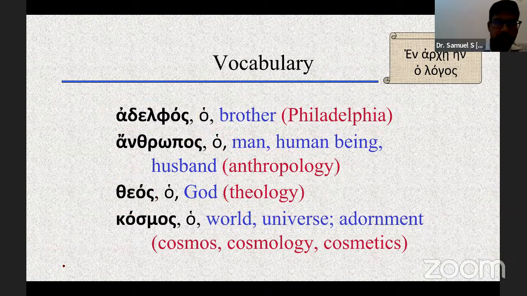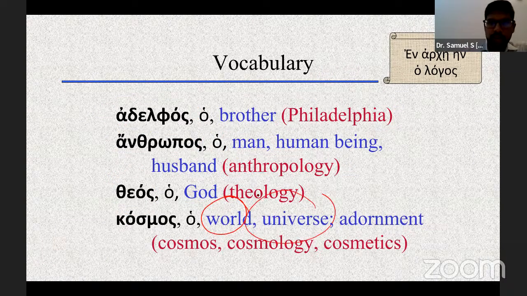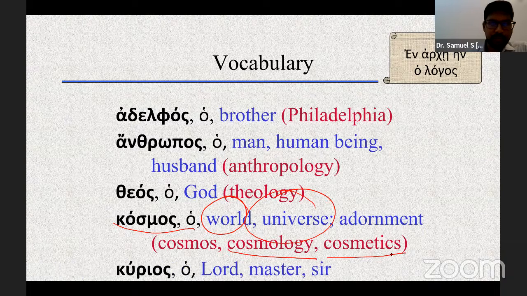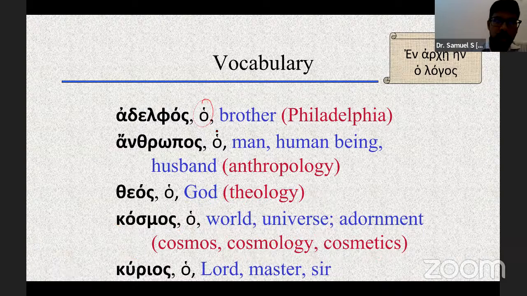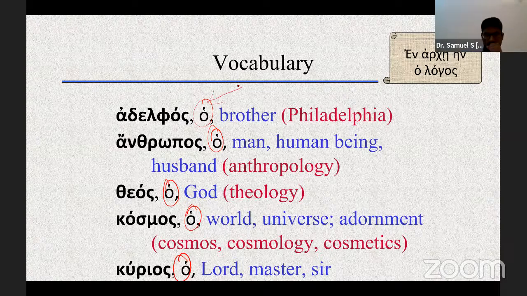Cosmos, world or universe. Cosmos, cosmology, cosmetic. Kurios, very important word. Lord, master, sir. Kurios. You notice all these nouns are masculine. And the article ho is telling us that.